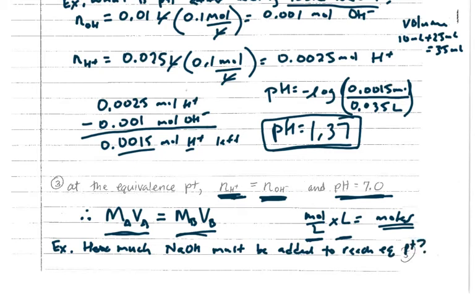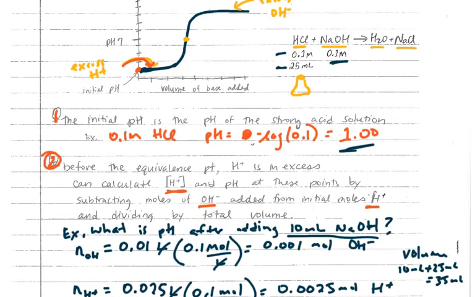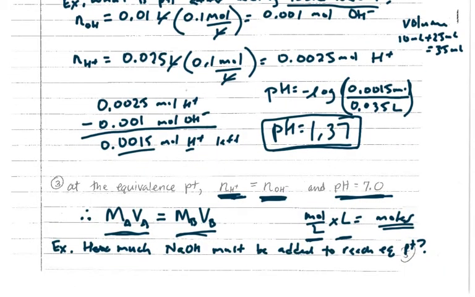All right, so in this problem we are given the molarity of the acid and the volume of the acid and the molarity of the base, and we need to find the volume of the base that needs to be added to reach that equivalence point. So we plug in the molarity of the acid, 0.1 molar, times the volume of the acid, which is 25 milliliters, equals the molarity of the base, which is 0.1, times x, the volume of the base.